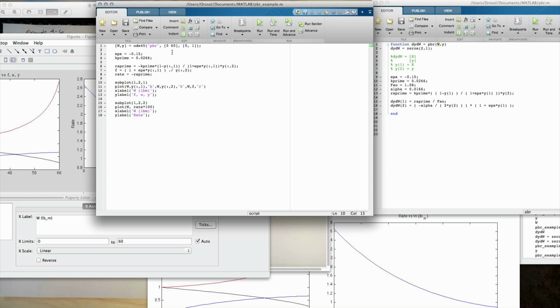We send in our boundary conditions and our initial values, and then MATLAB solves that, and the rest of this is just processing. So we wanted to calculate the rate in this variable f, and then plotted what we calculated.